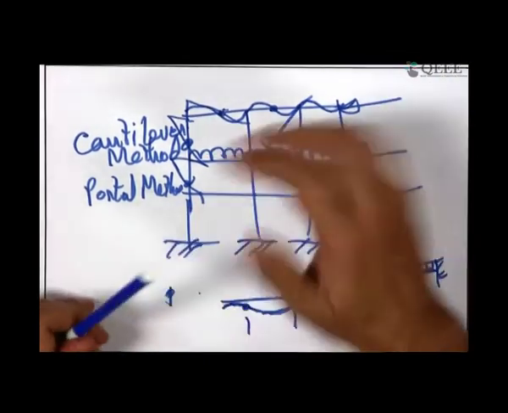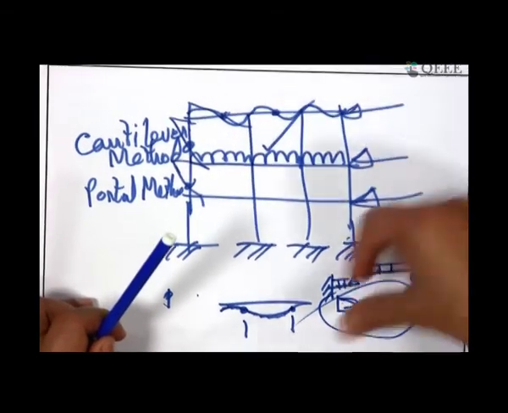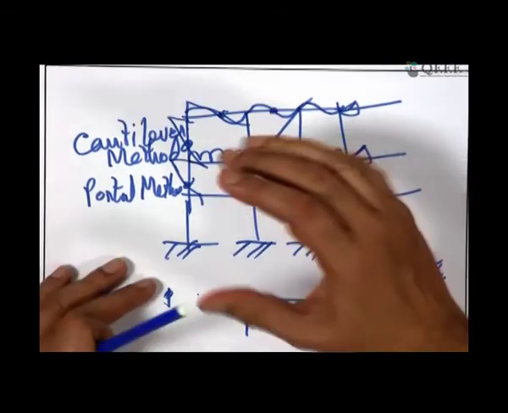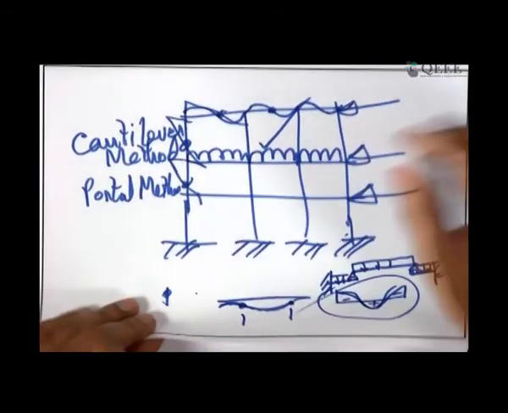These are pure bending moment diagrams for the spatial variation due to a system of loads, not the variation at a particular point. Okay, so I hope that was understandable.